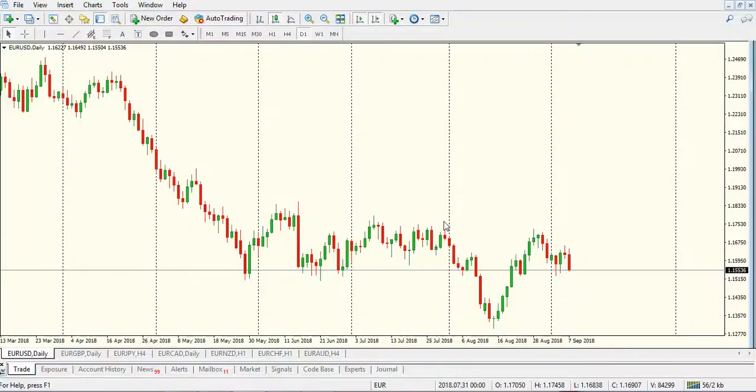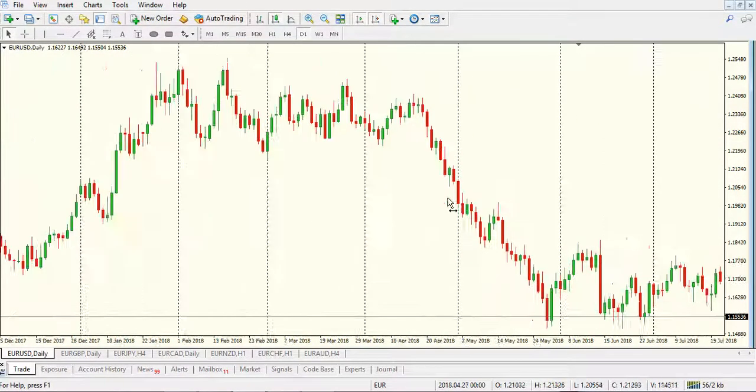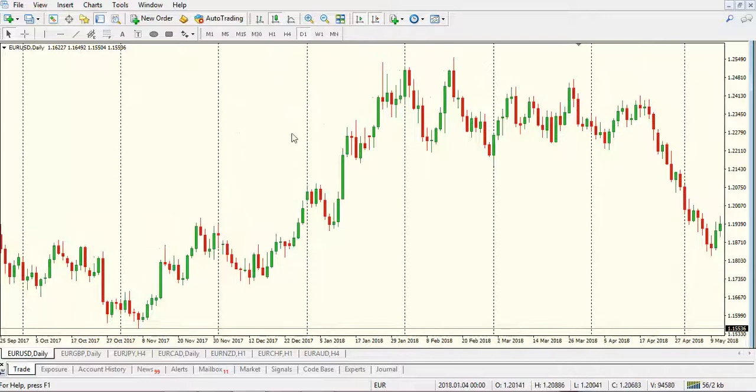All right. Basically you can see that price has moved all the way up here, or even here. I want us to start from this top, then we move down.